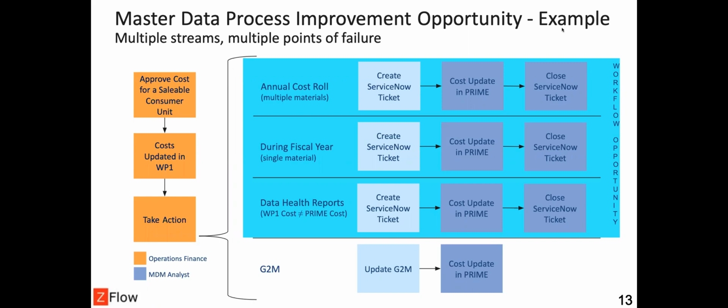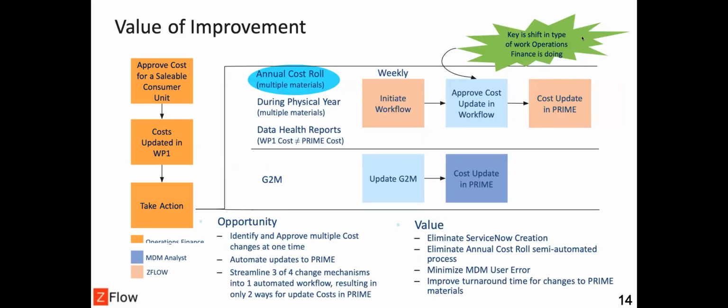You can go ahead to the next one, Chris. So basically, those three processes now are handled through ZFlow in this one process. And we basically take anytime those instances occur. So, when we do it each year, or if somebody needs to make an update, or even if the data health report finds something that's wrong.